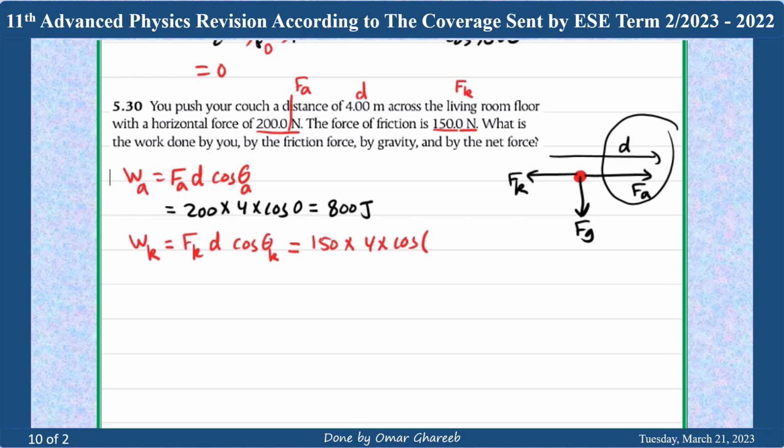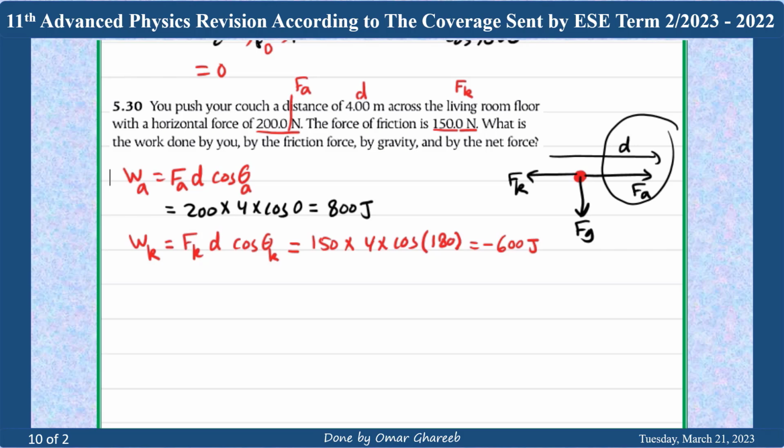They are opposite to each other, and we know that the opposite direction means the angle is 180. Cosine 180 is minus 1. 150 times 4 is 600, times minus 1, is minus 600 joules.